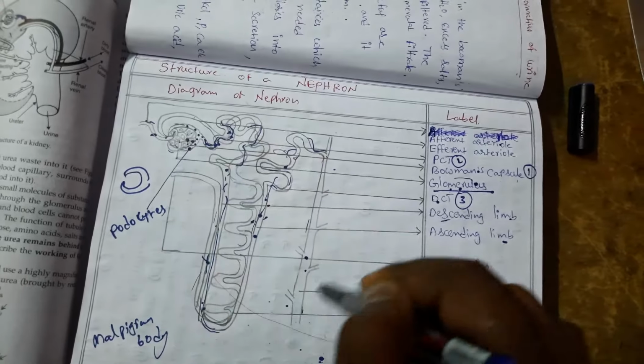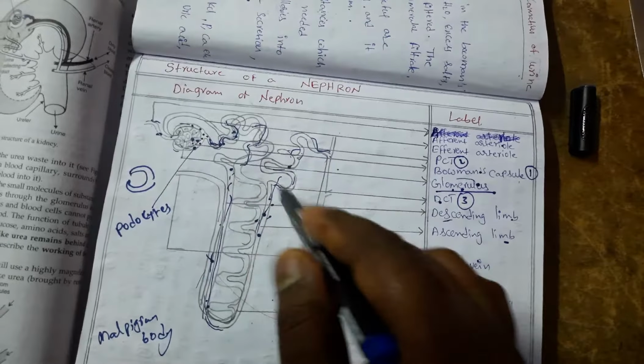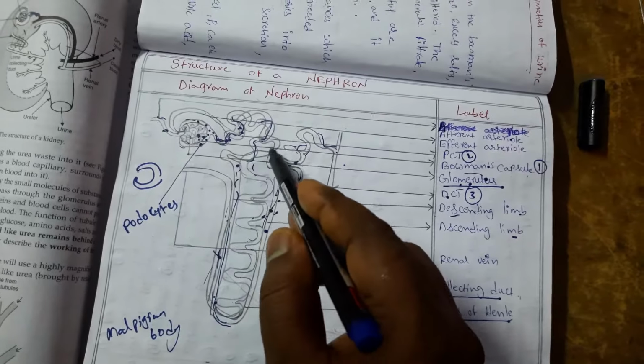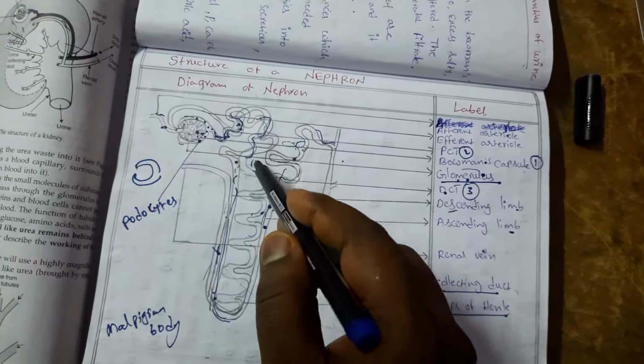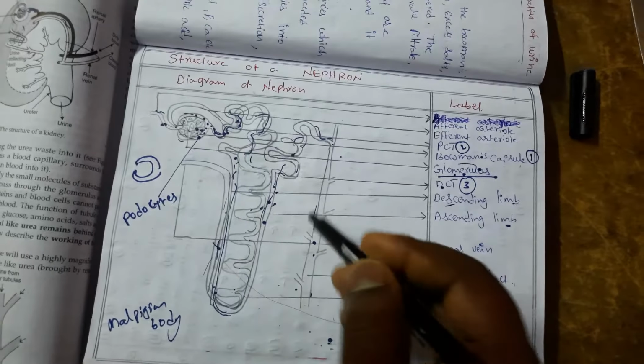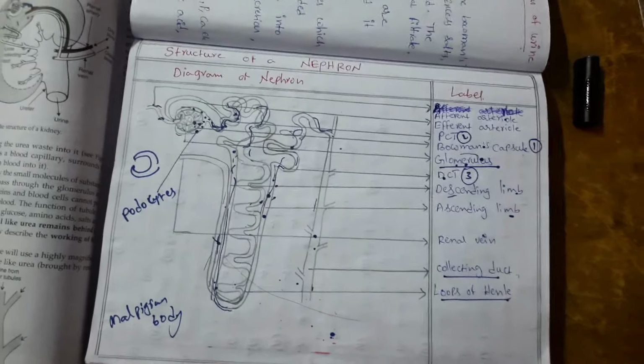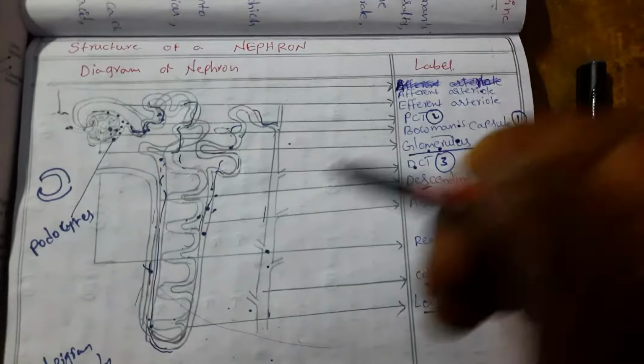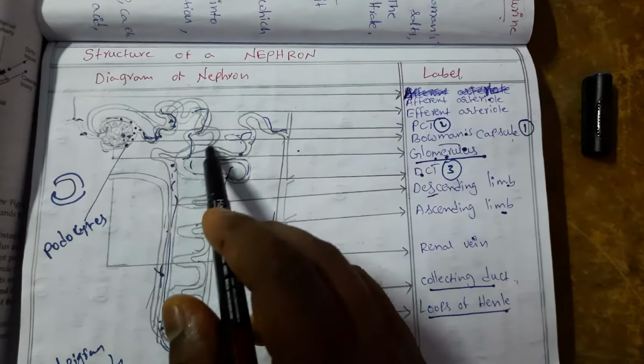So the nephron is totally covered by microscopic, fine thread-like structures. These we call blood capillaries.